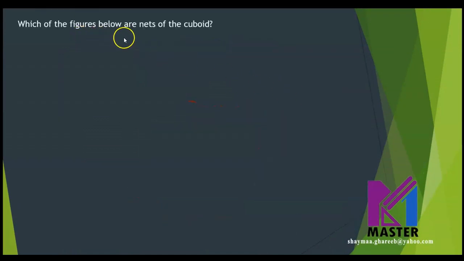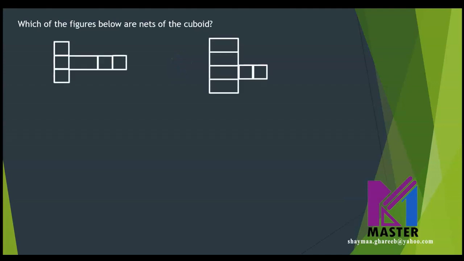Which of the figures below are nets of the cuboid? Look at the first 2 nets here. What do you think? As we said before, the net of the cuboid has 6 faces, and there will be opposite faces. Let's try to identify the opposite faces in the first net here. Look at this face.